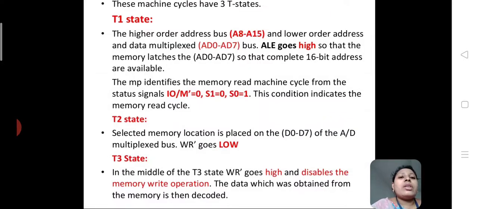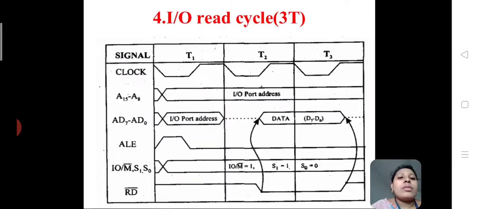At each T1 state we will see it once. Next, the input or output read cycle. It contains only 3 T states.